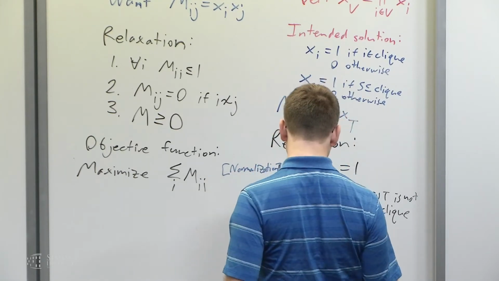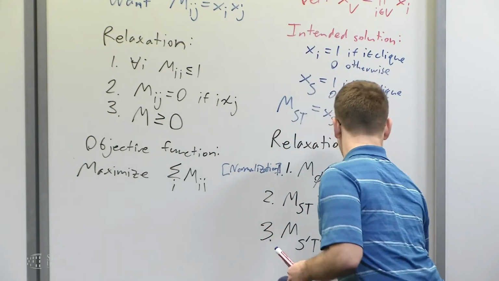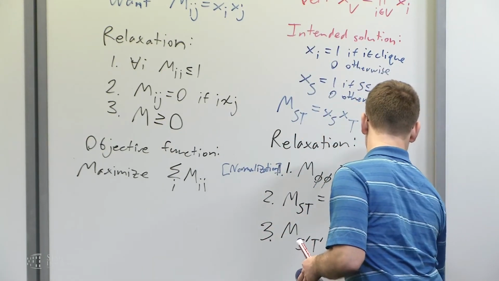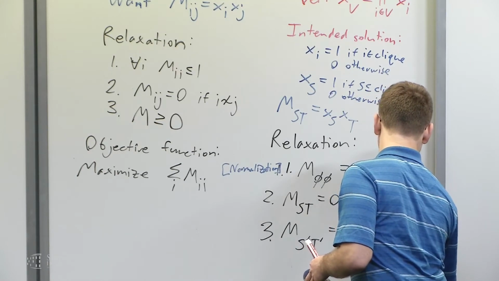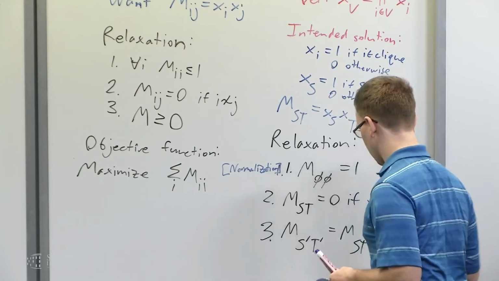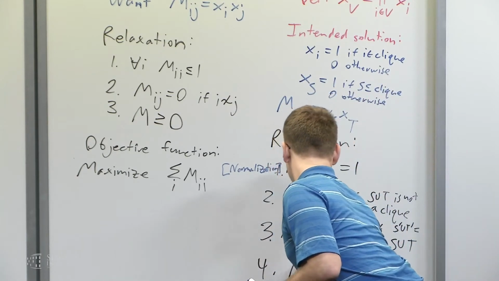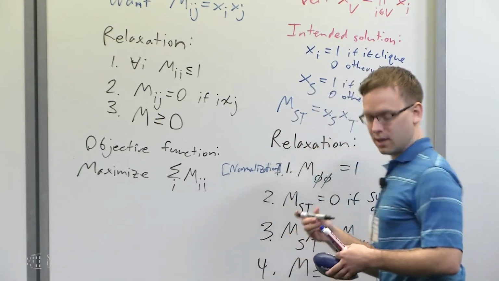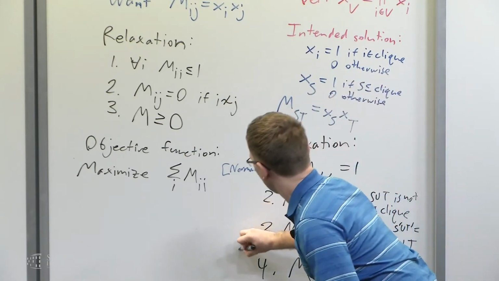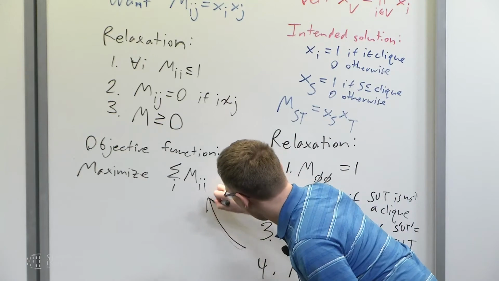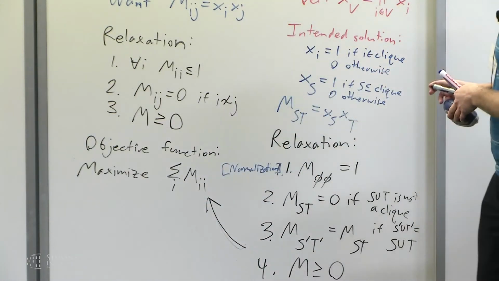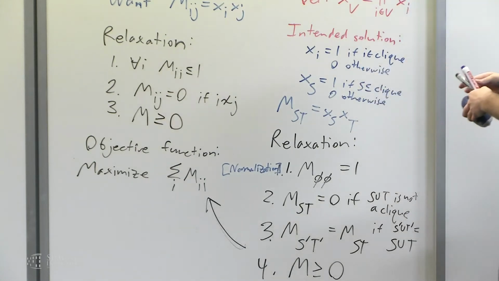So MS prime T prime should equal MST if these correspond to the same subset, so S prime union T prime equals S union T. Again, we'll have that M should be PSD. And again, we'll have exactly the same objective function. We're trying to maximize sum over I of MII.